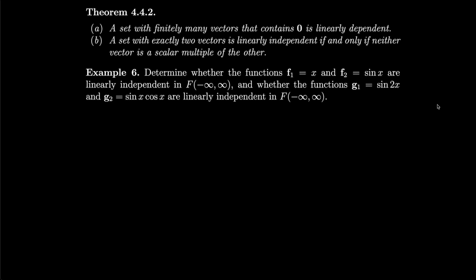As an example, how about we determine whether the functions f1 equals x and f2 equals sine x are linearly independent in F(-∞, ∞), and whether the functions g1 equals sine 2x and g2 equals sine x cosine x are linearly independent in F(-∞, ∞). Notice for the first part, we have that neither x nor sine of x is a scalar multiple of the other.